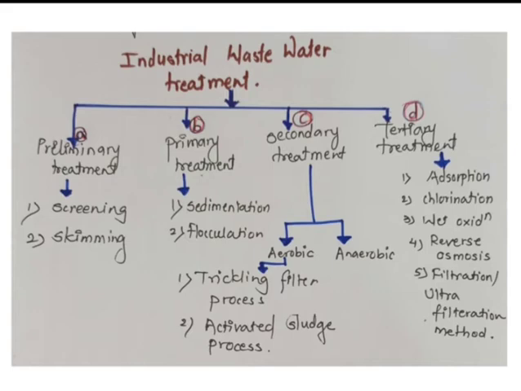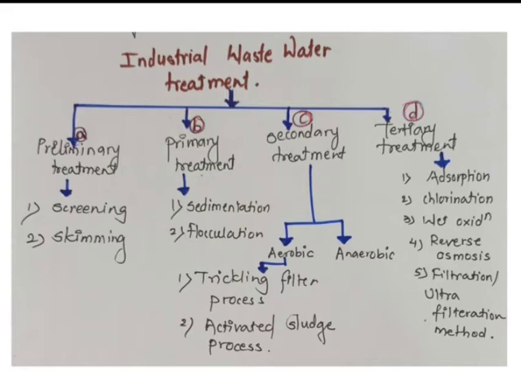As we know, the wastewater which comes from the textile industry, pharmaceutical industry, and chemical industries like the electroplating industry, and so many other industries is known as industrial wastewater.